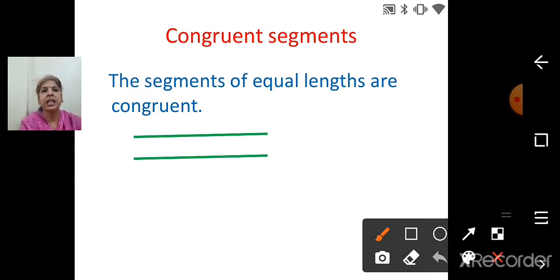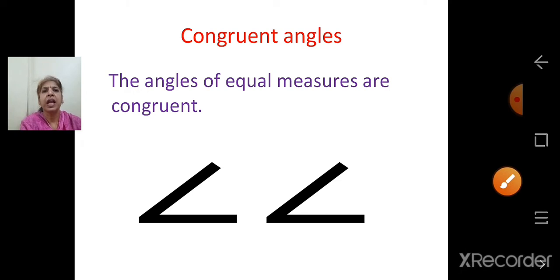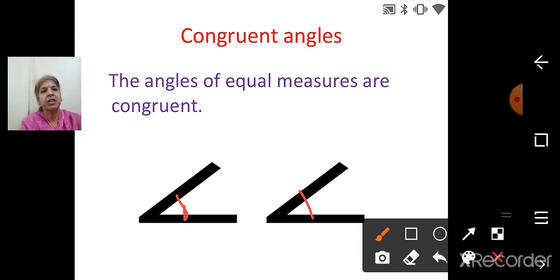The lengths are equal. Now, congruent angles. The angles of equal measure. So these two angles have equal measure. So when angles have equal measure, we say they are congruent. So angles of equal measures are congruent.